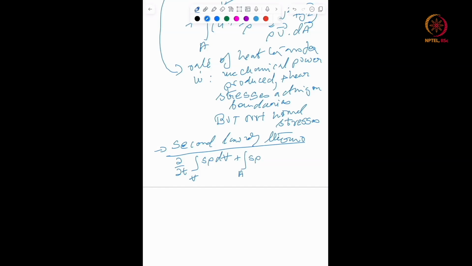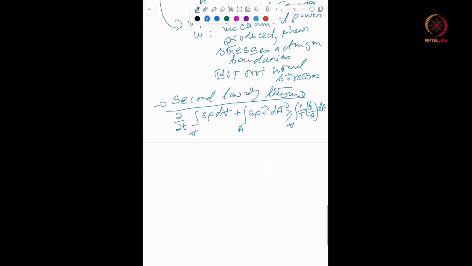So rho is greater than or equal to 1 over the volume, 1 over T, Q dot by A. Okay, so S is a specific entropy, okay, and T is the absolute temperature.